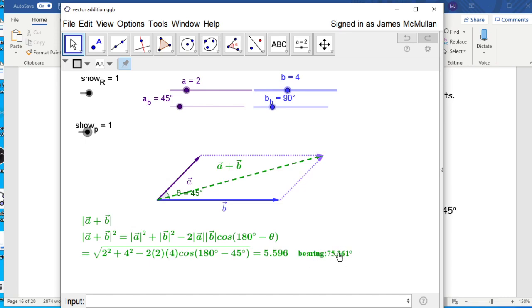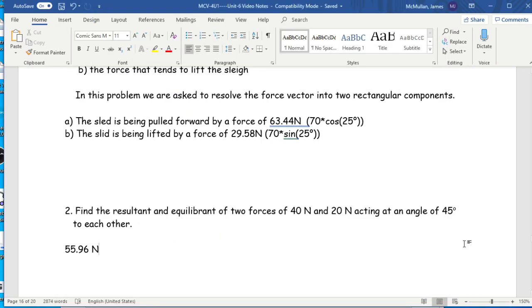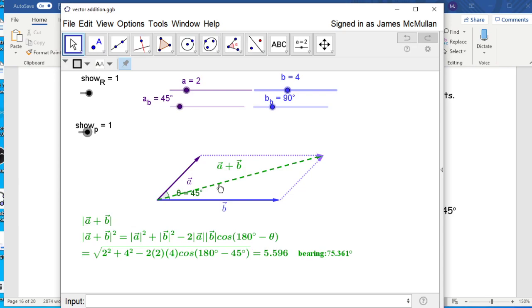My applet here will always tell you the angle from straight north. So what it's telling you is that from straight north, your resultant is 75.36 degrees away. That part may not be so useful.